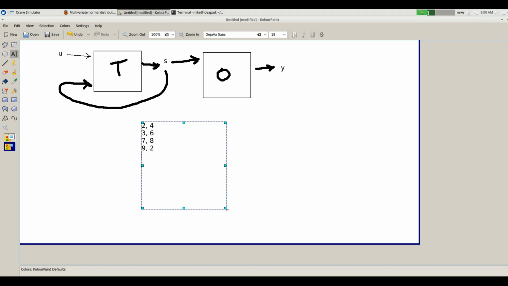Why? Because I have 2 sensors. Maybe both of them are laser distance measurers, and one's shooting to that wall and one's shooting to that wall. And I could measure the centroid and variance of where my robot is in the room relative to the distance of the walls or something like that. Or they could be a 2-pixel camera. Why you would have a 2-pixel camera, I have no idea. But the point is you could have 2 sensors and you can measure them 4 times if you want.